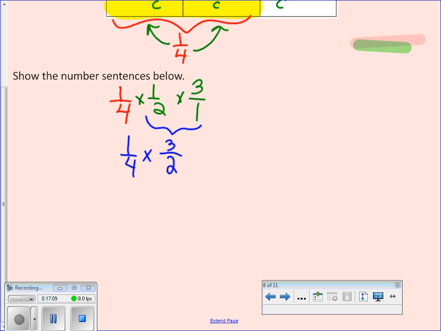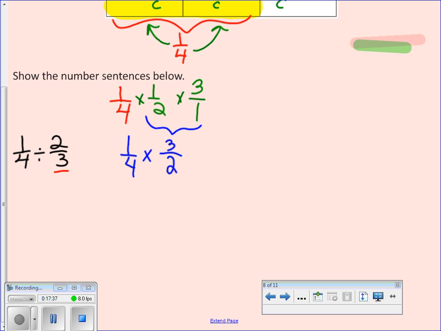And now, wait a minute. What was our original question? What was our original equation? 1/4 divided by 2/3. So our first fraction stayed the same. We changed the operation, so we multiplied by the inverse.